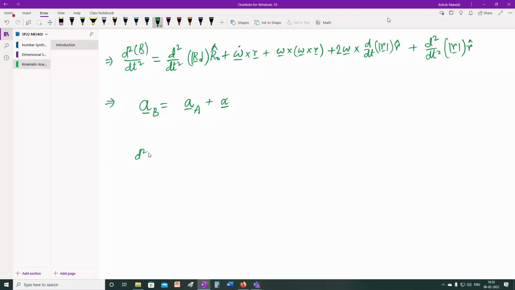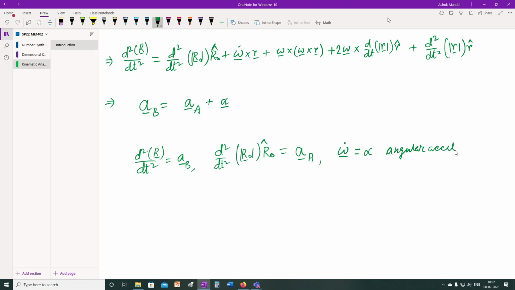We'll define it here, one by one. This is the acceleration of point B. Just be with me for 5 minutes. This is, we define, acceleration of A. Then this omega dot, we are calling it alpha, which is the angular acceleration of r.